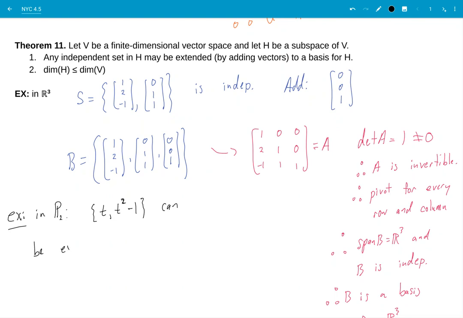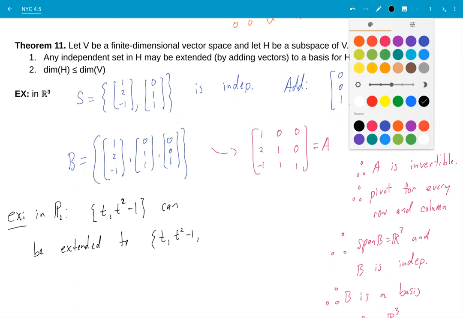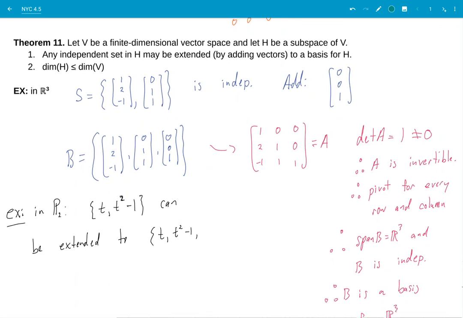It's a bit trickier to see what I can add here. Let me tell you what I'm thinking about. Well, I know there's a kind of standard basis for P2. So when I add my third polynomial here, what I want is I want every vector.